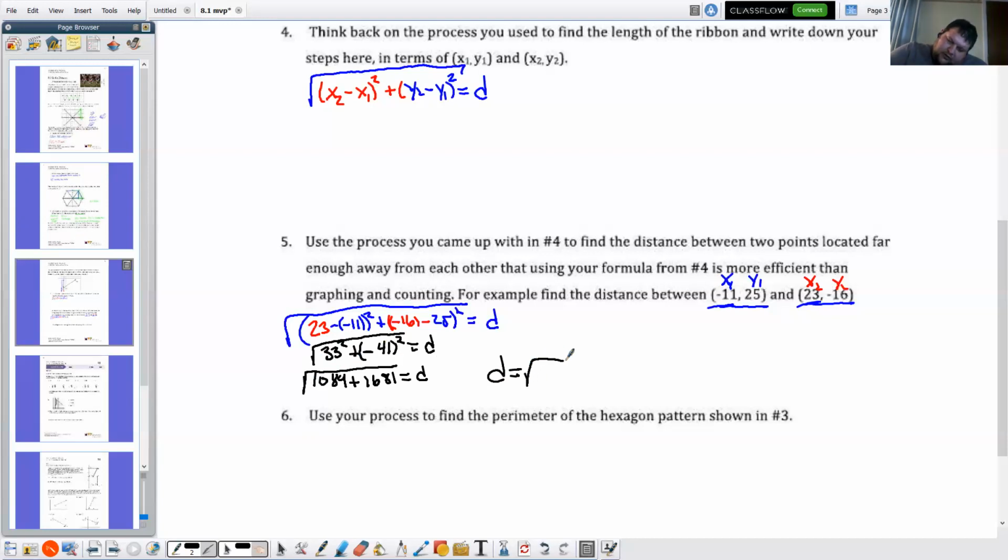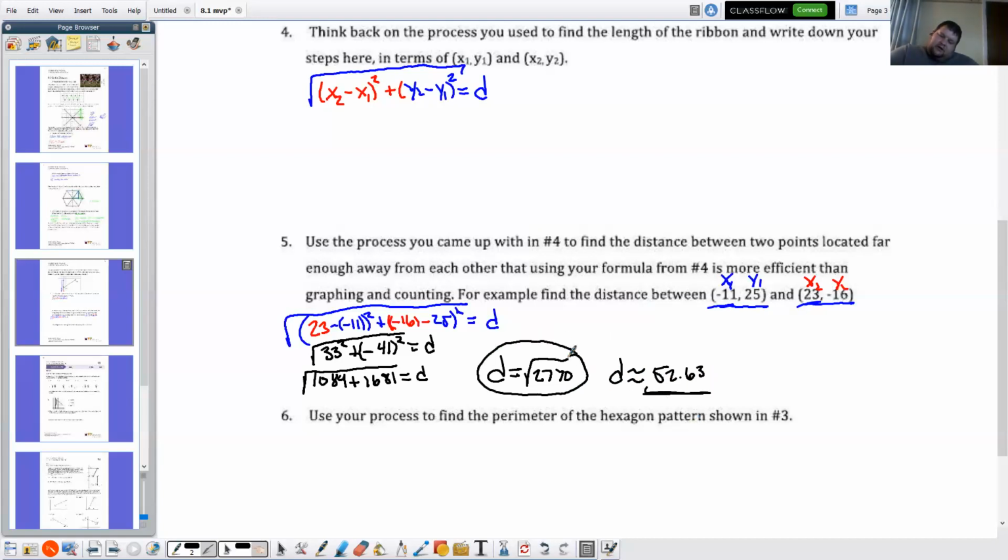D is going to equal the square root of 2770, which according to my calculator is an ugly number. So D is approximately 52.63 units.